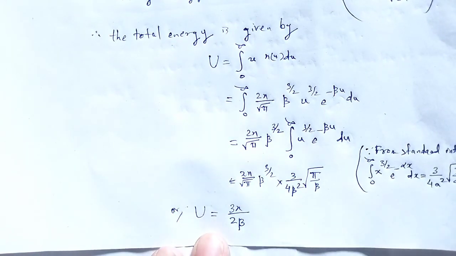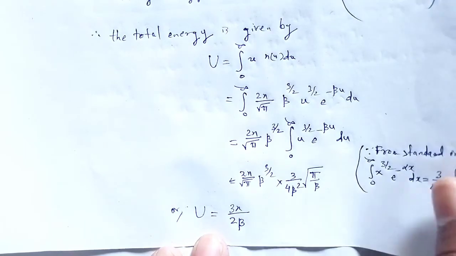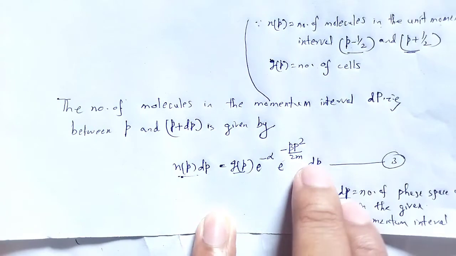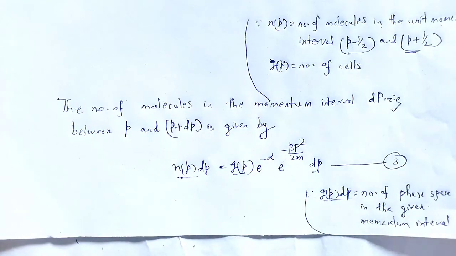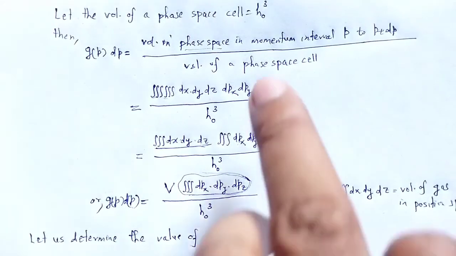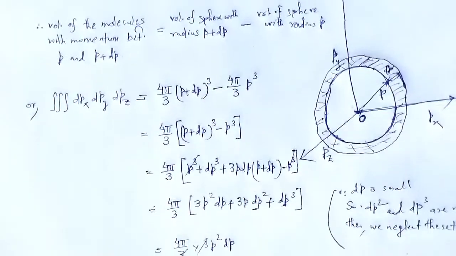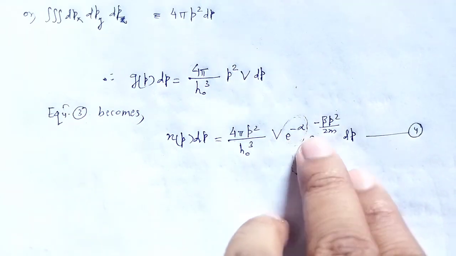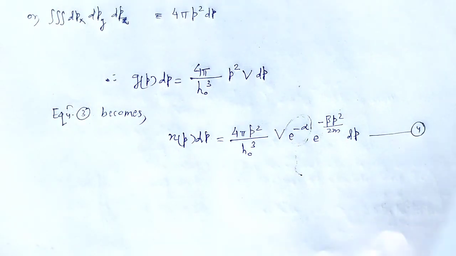To derive G(p) dp, the value of G(p) dp can be established in this way. Now we put the values of e to the power alpha and G(p) dp.